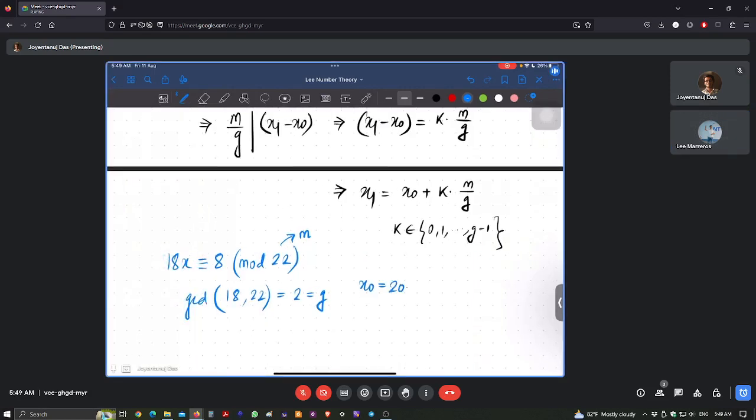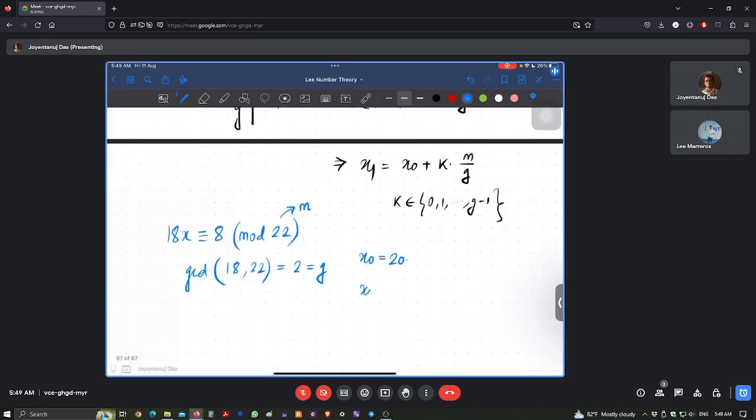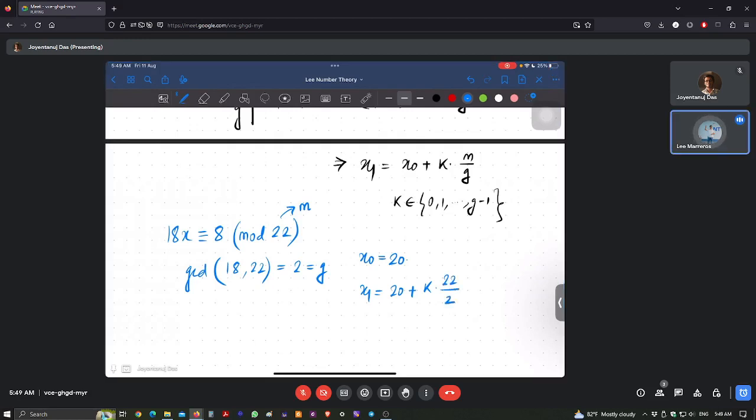Putting it into the formula, x1 is 20 plus k times 22 divided by 2, since n is 22 and g is 2. This reduces to 20 plus k times 11.